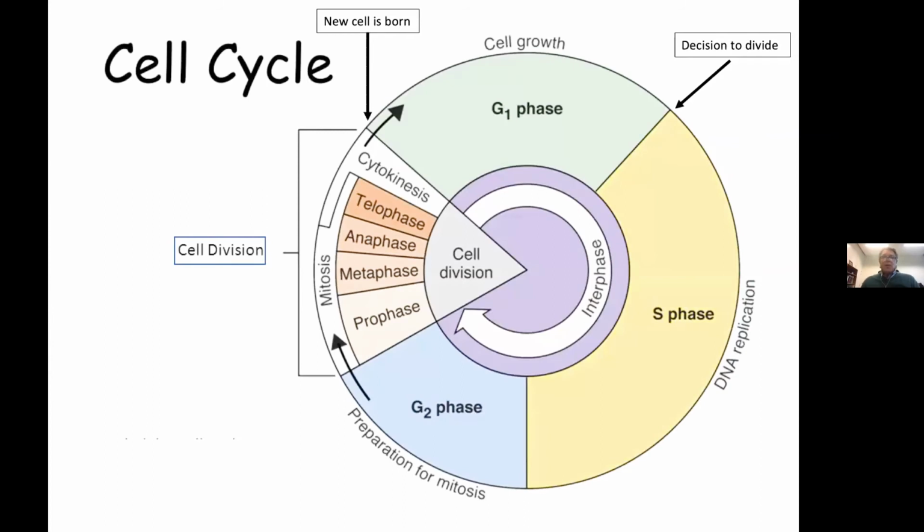So how does the cell actually go through this process of cell division? First of all, we need to have a look at what the cell cycle is. Cells are born in a phase which we call G1. All cells are the result of a previous cell division, and therefore they are created and born in this stage.